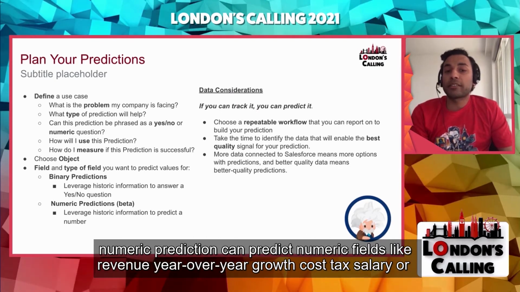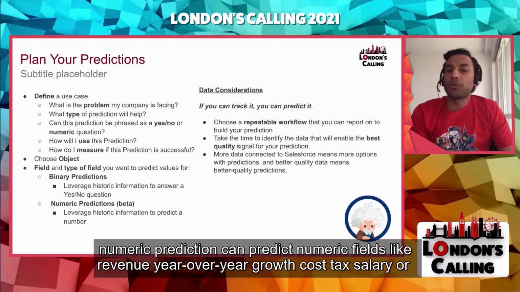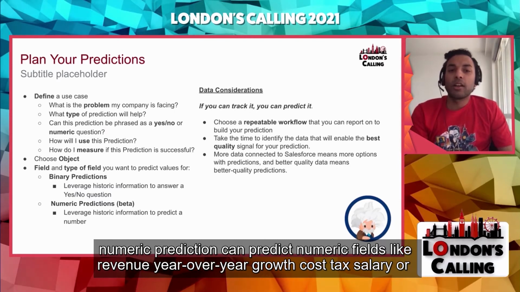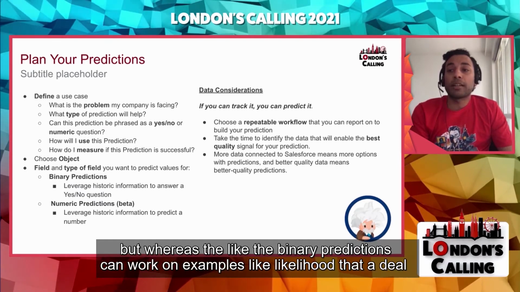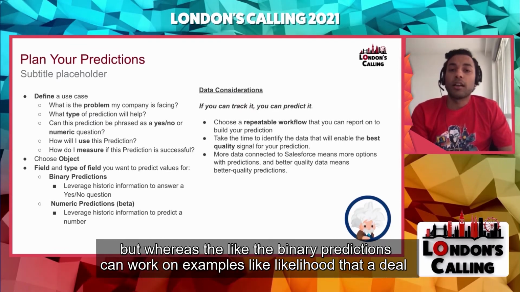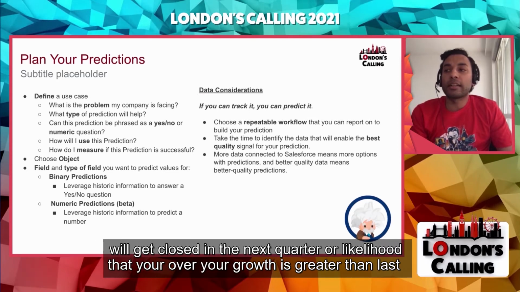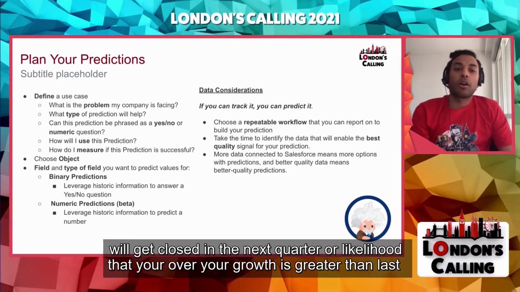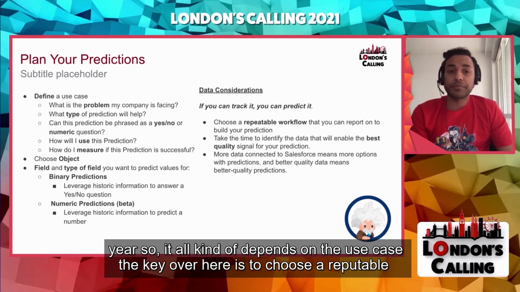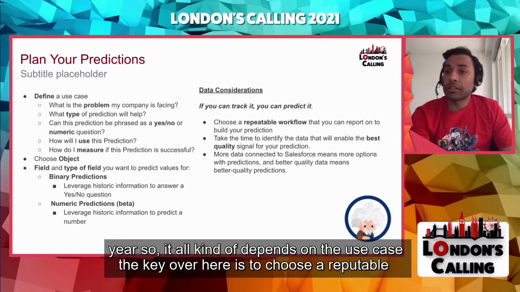Numeric prediction can predict numeric fields like revenue, year-over-year growth, cost, tax, salary, whereas binary predictions can work on examples like likelihood that a deal will get closed in the next quarter, or likelihood that year-over-year growth is greater than last year. So it all depends on the use case.